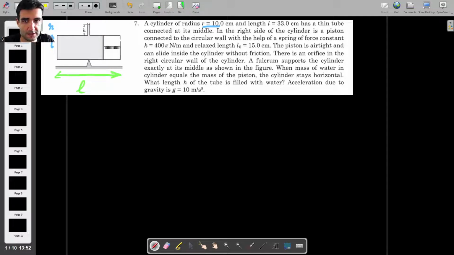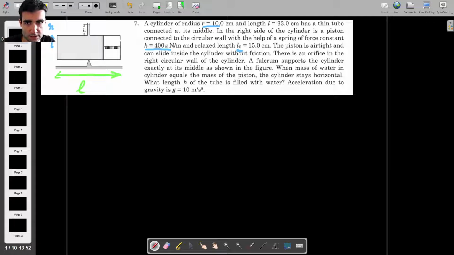And we know that at the halfway point, the cylinder has a thin tube which is upwards, and inside the cylinder there is a spring. Now the spring has a spring constant given by 400 pi newtons per meter, and it also has a relaxed length of L0, which is 15 centimeters.